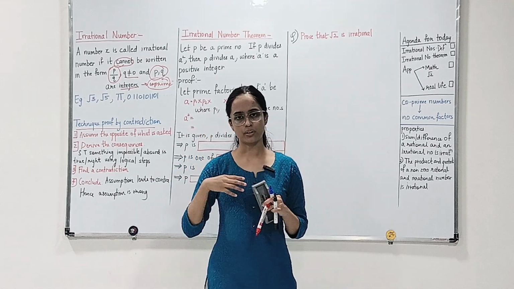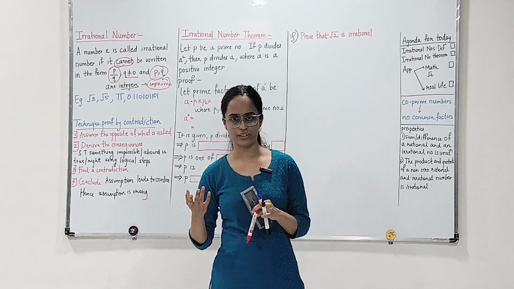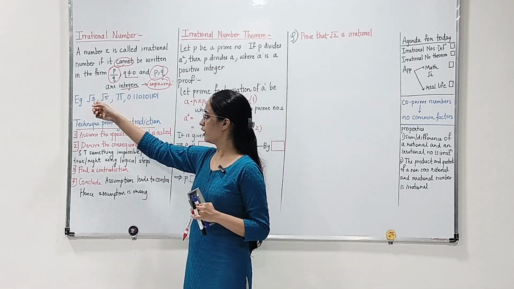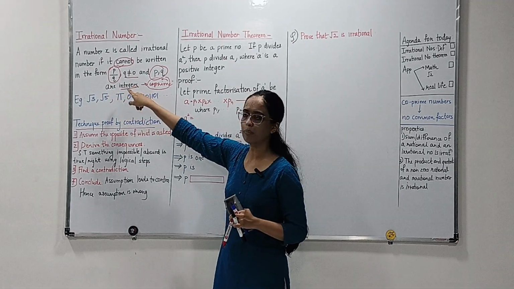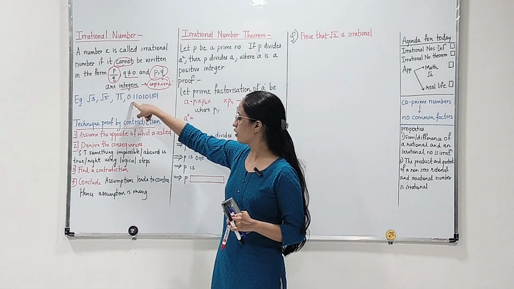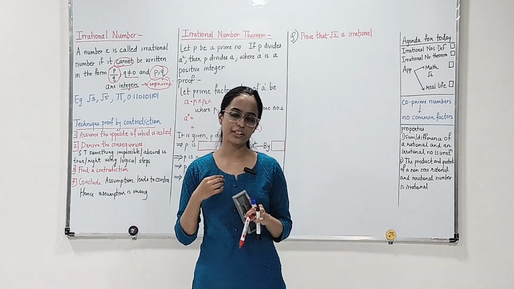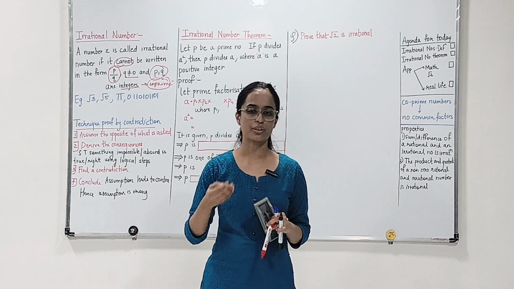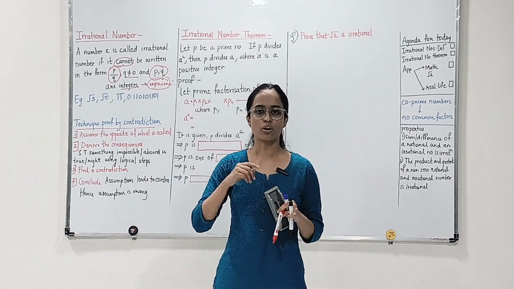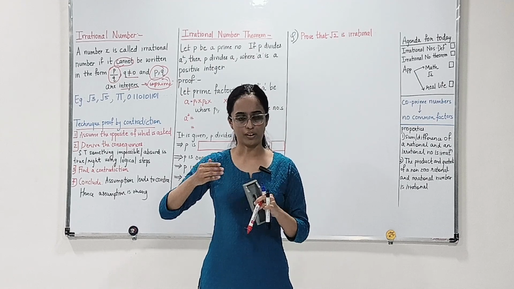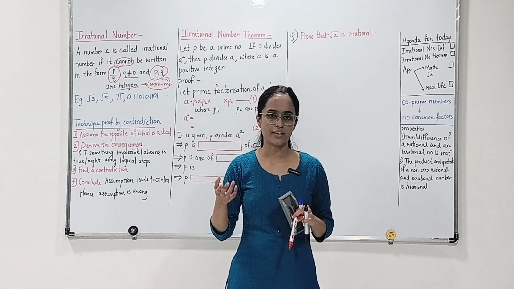When we try to understand irrational numbers with the help of examples, root 3 is a number, root 5, then the number pi, and such decimal numbers whose representation is very distinct. It is never ending and non-repeating also. For example, the decimal representation of pi, that is 3.14, and then we have the digits ahead of 14 also.